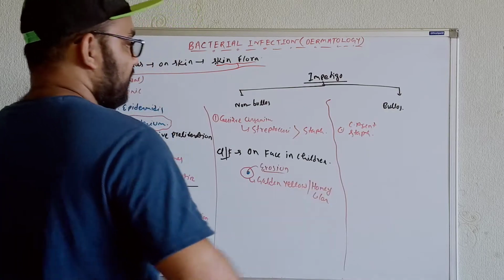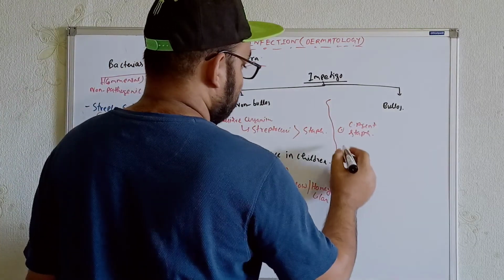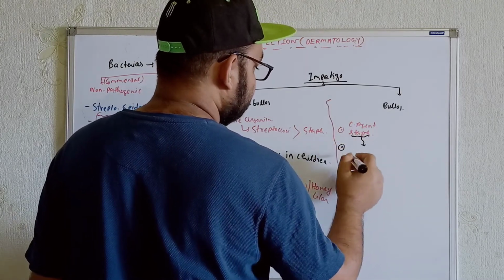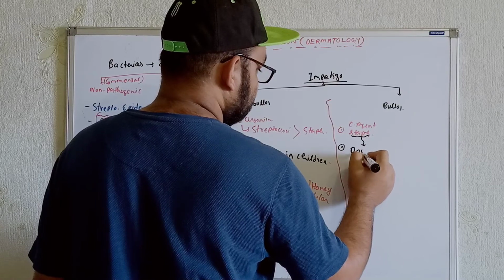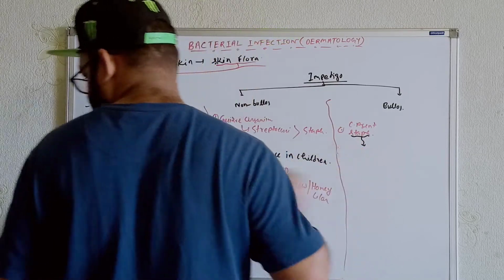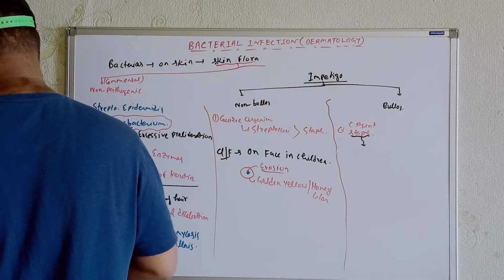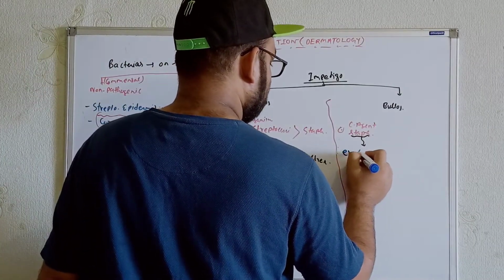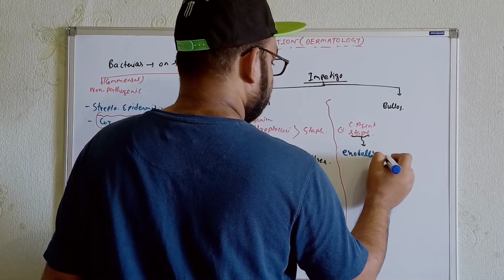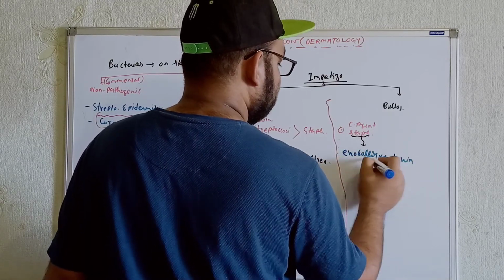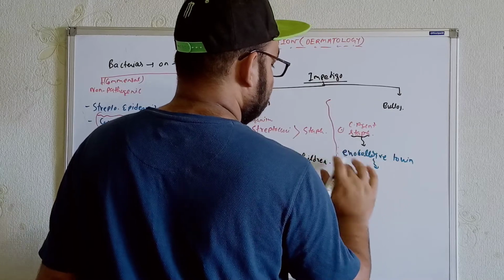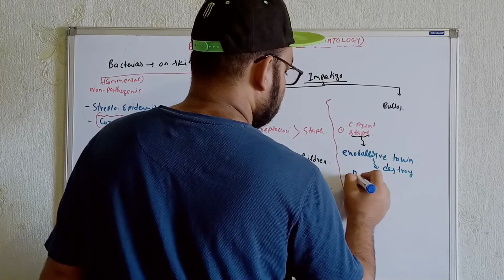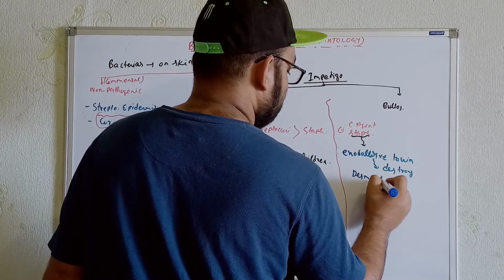Now, what about the bullous type? Whatever the problem we see in these cases, we know that the staph will secrete one type of thing, that is known as what? Okay, let's use this one over here. Now, they can secrete the exfoliative toxin. Whenever they are secreting the exfoliative toxins, that can destroy what? Desmoglein 1.